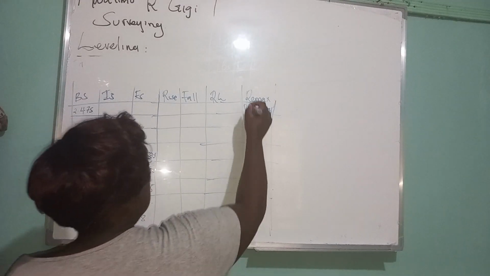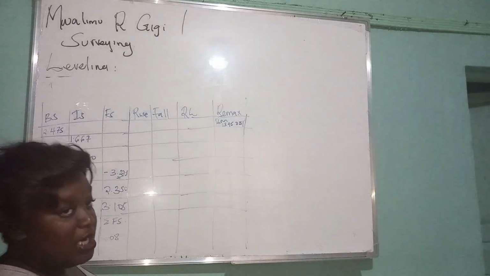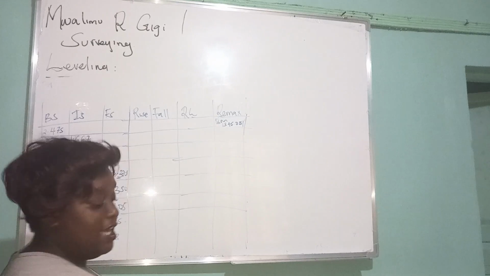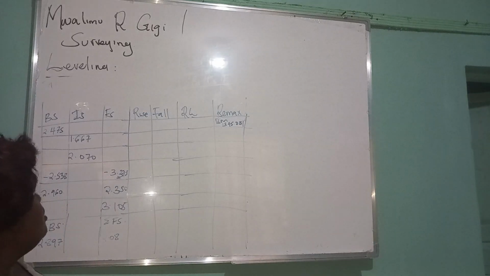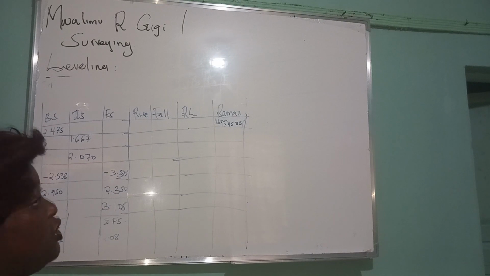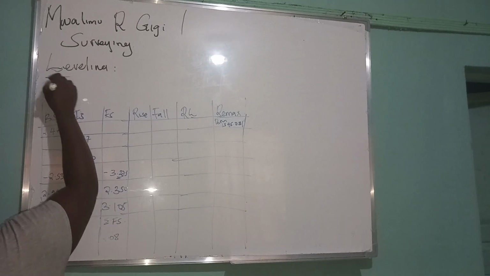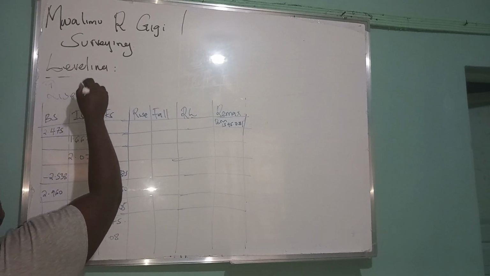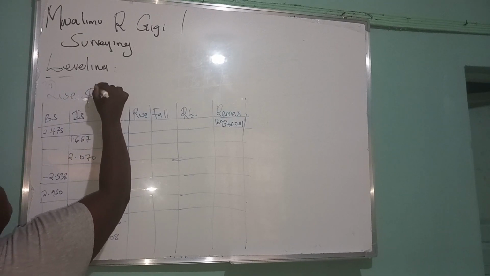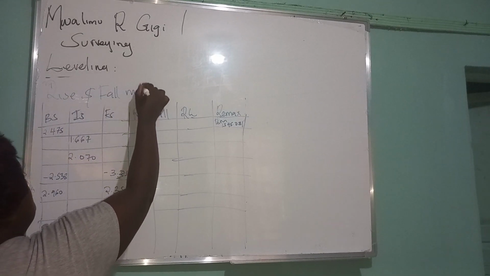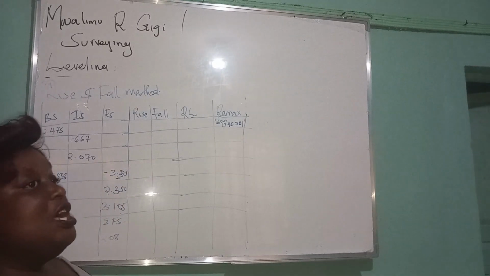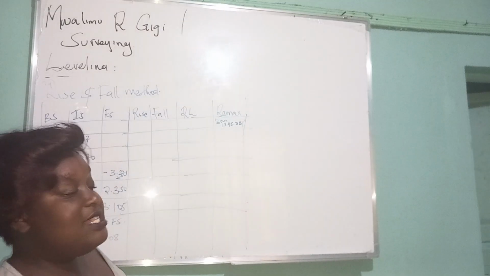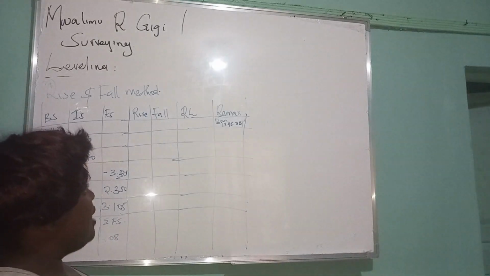So the first thing we should do is know that you are using the rise and fall method. So we want to reduce the levels using the rise and fall method.